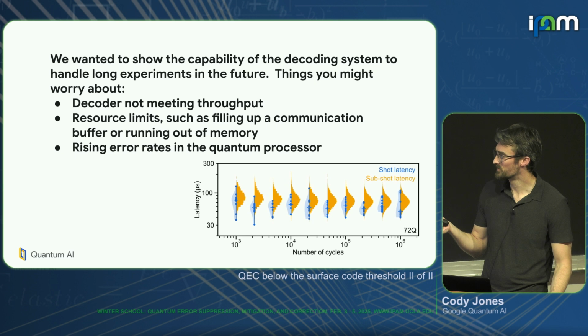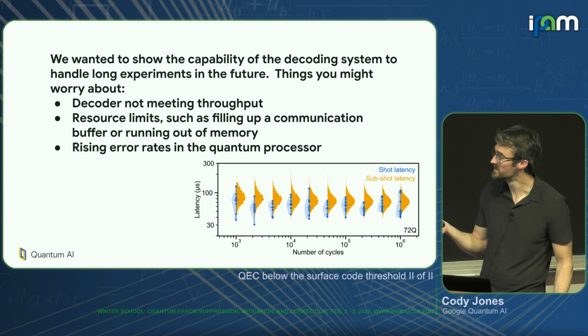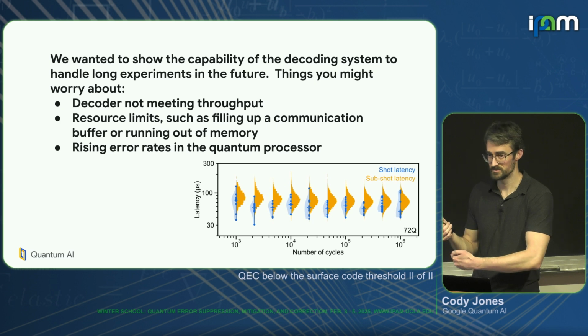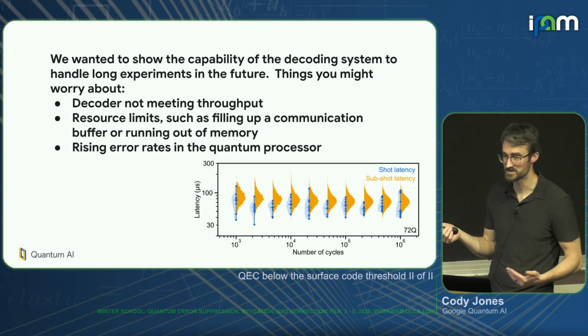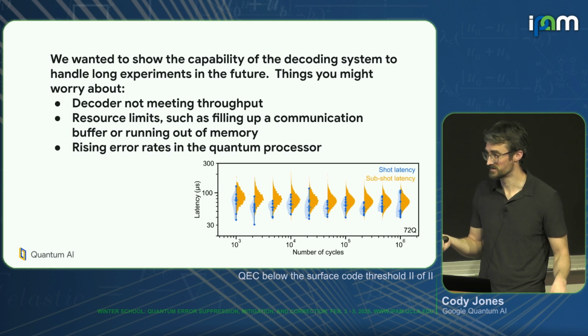And related to that, you might worry about resource limits. I said this runs on a computer. Computers have limitations. Could be filling up a communication buffer. We have to get measurements from FPGAs into a server, into a workstation. Several stages there. Or you just might worry about running out of memory. There's only so much RAM you can have.